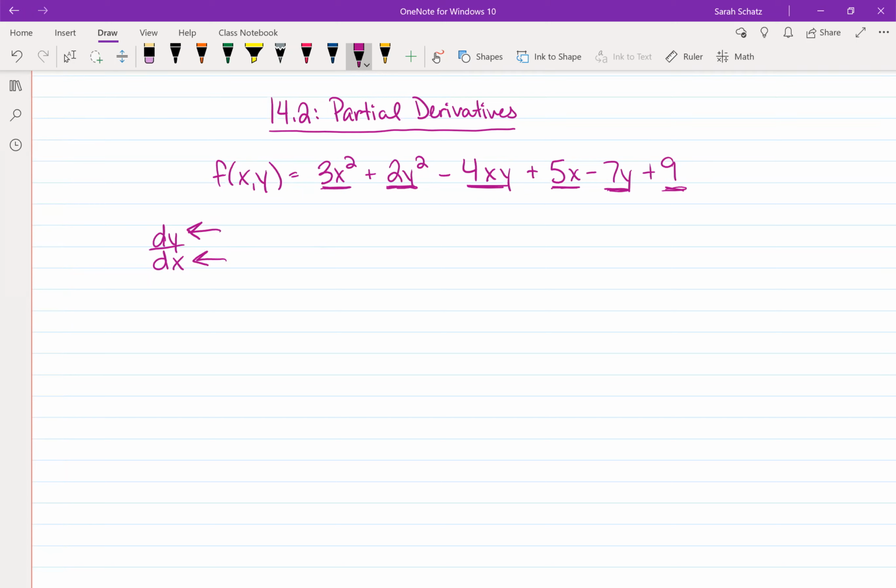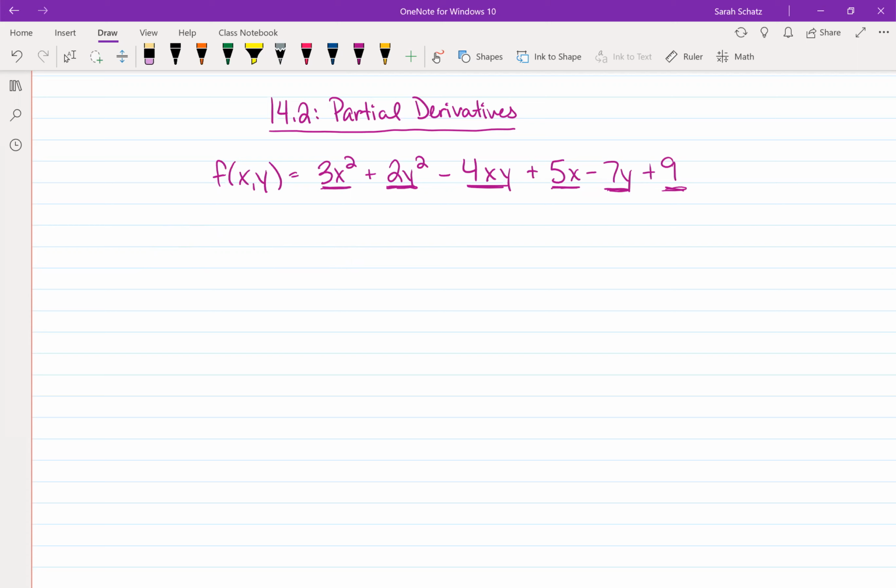When we did implicit, remember every time we had a y and we ended up taking the derivative, we had to add a dy dx onto it because everything was with respect to x. The reason that had to happen was because y was an output. But you guys, now y is an input just like x is. So it should have the same rules apply to it that x does.